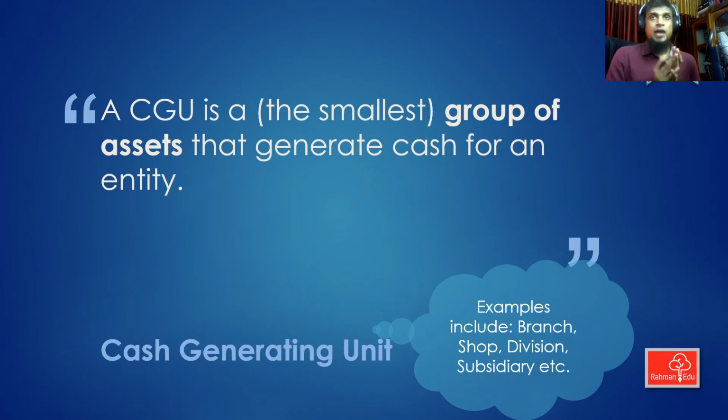It can be an associate, it can be a joint venture, or sometimes a division, a geographical division, like Unilever Bangladesh or the Unilever Chittagong branch, right? Like that branch division, etc. It can be a branch of a bank. A branch of a bank generates cash and carries out expenses, so it is a cash generating unit.